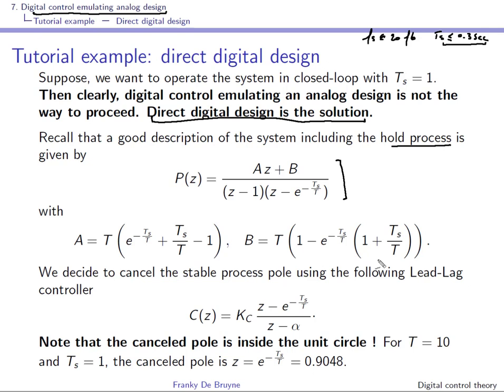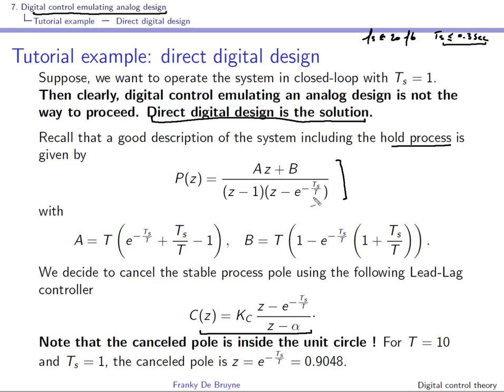When you do a direct digital design, this means that you work with a controller that is designed directly in the Z domain. Here again we'll use a lead lag system with a gain but in the Z domain, and we'll use the same idea as in the analog design.